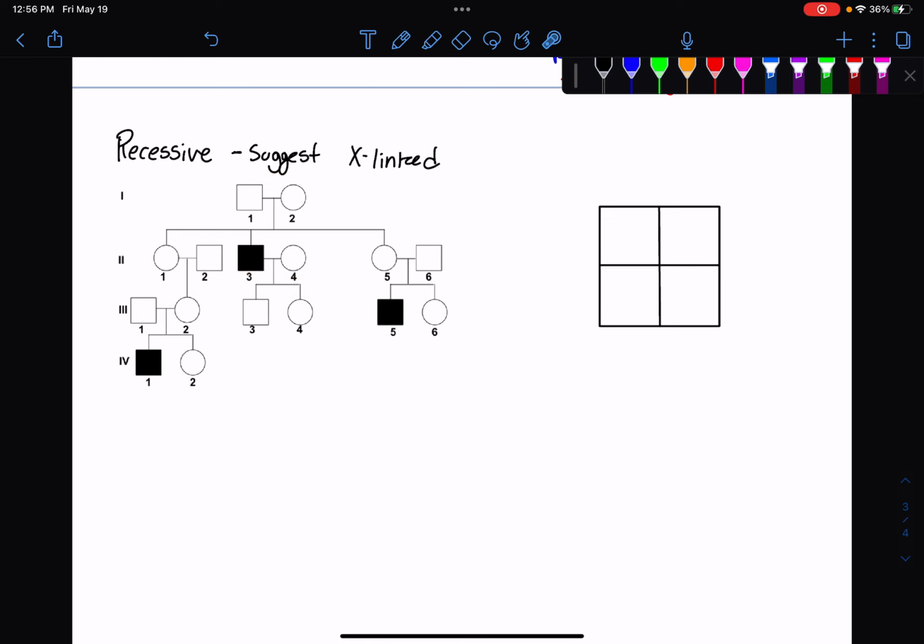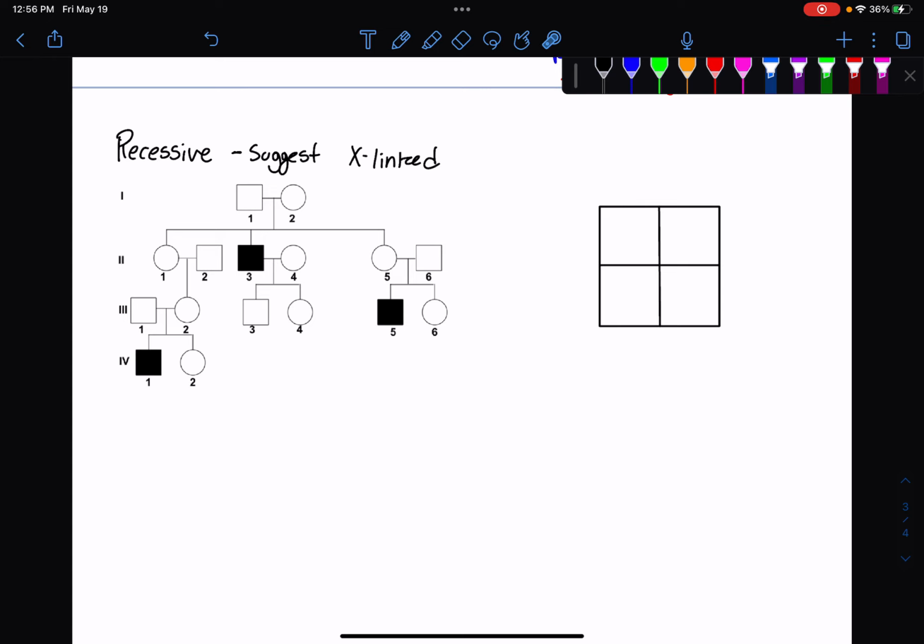Now, how do we know it's X-linked? With X-linked, always look at whether there's any sex-linked inheritance. Yeah, duh. But look if there's a predisposition to it being male or female. Well, we look at this, oh gosh, they're all males. The only affected are males.